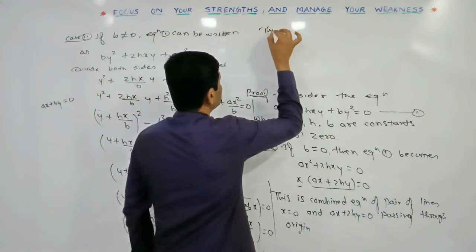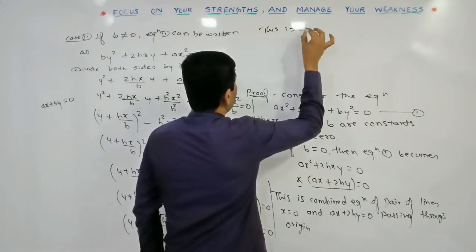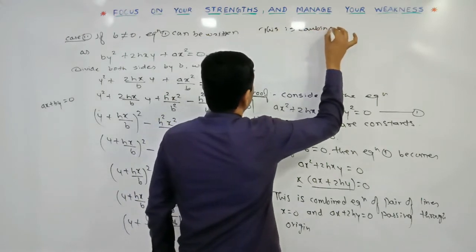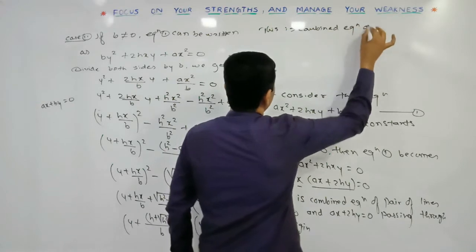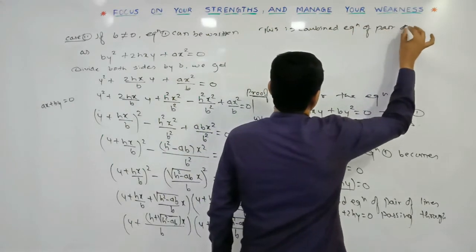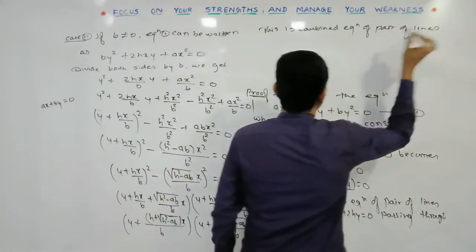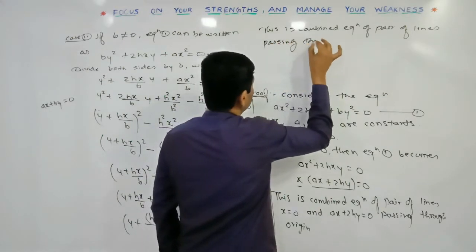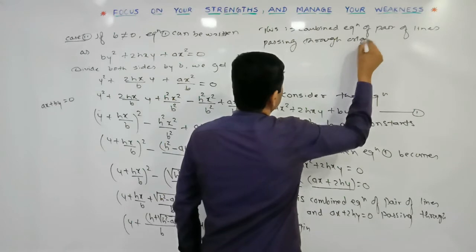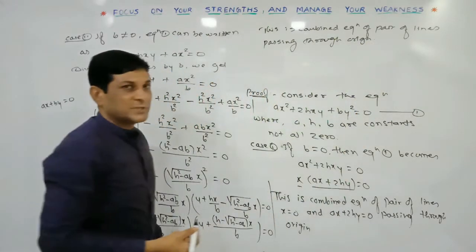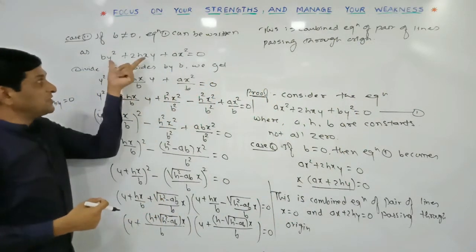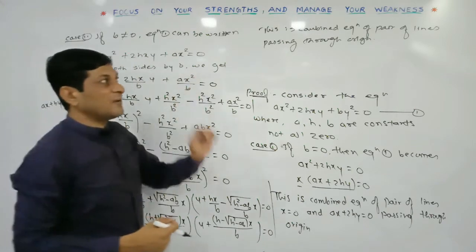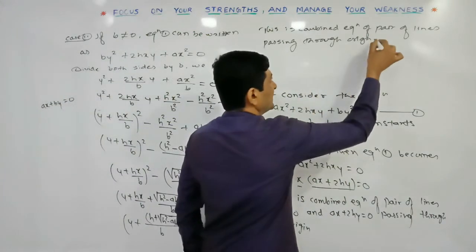So this is the combined equation of a pair of lines passing through the origin. In this way, in the second case, we have proved that this homogeneous equation represents a pair of lines passing through the origin, isn't it?